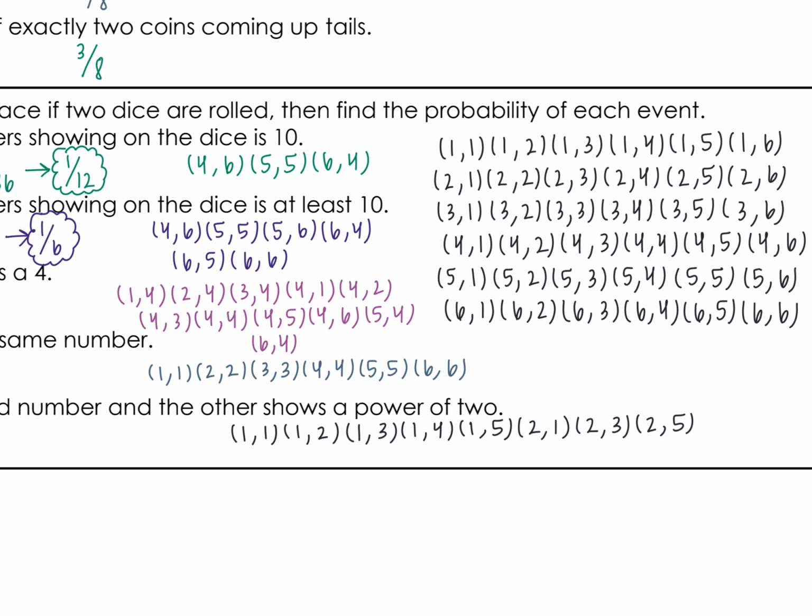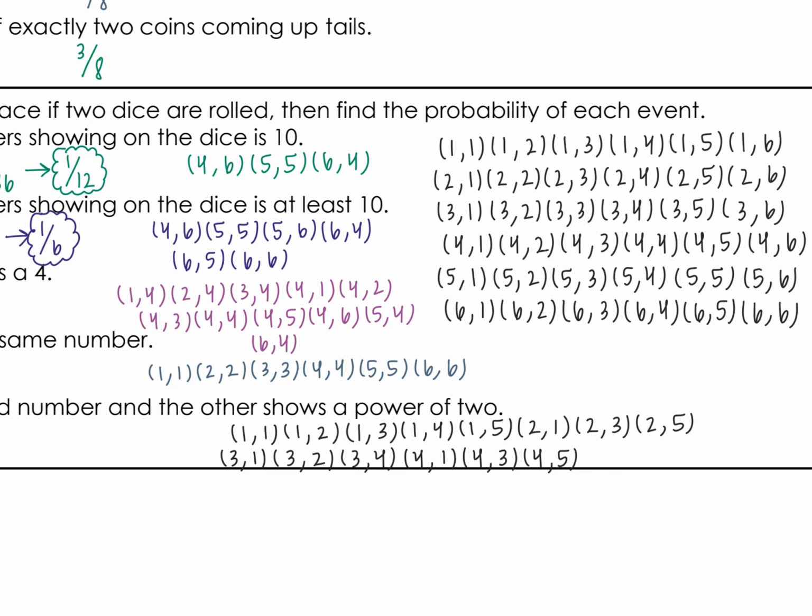Looking at my 3s, I'll have 3, 1, 3, 2, and 3, 4. Okay, for my 4s, we got 4, 1, 4, 3, and 4, 5.